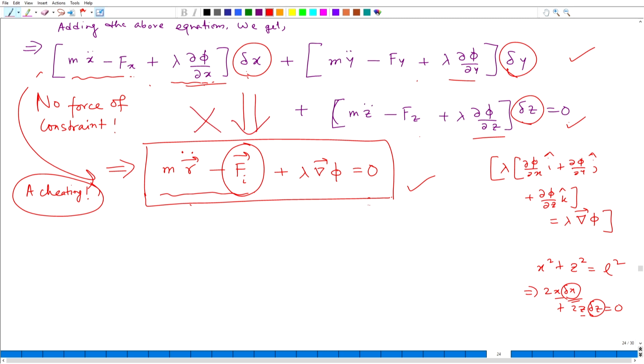What I have to do, I can say, since they are not independent, in general for any arbitrary value of lambda, I cannot claim this thing and this thing, they are 0.